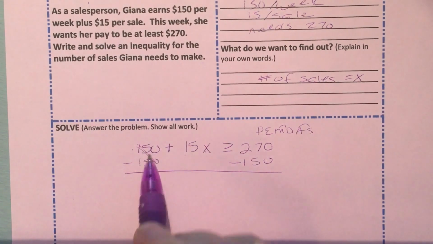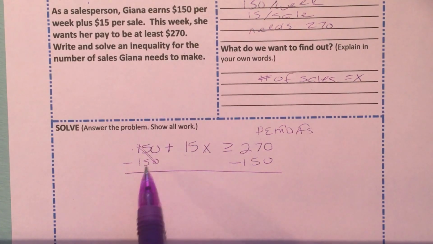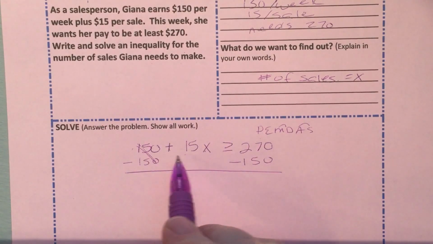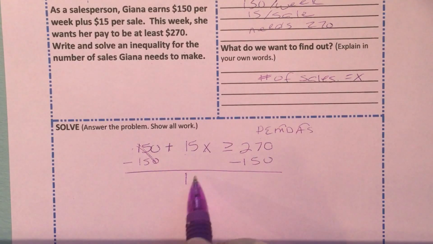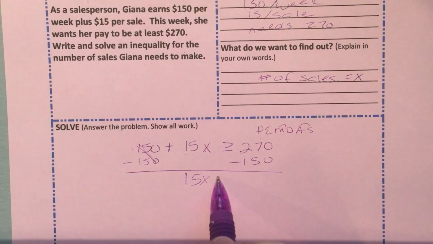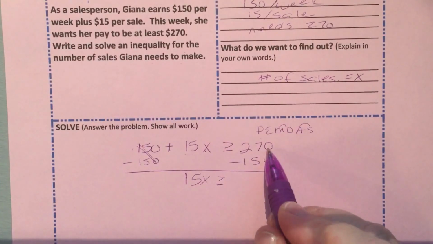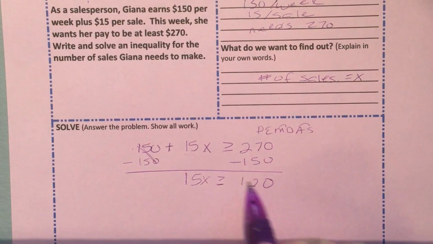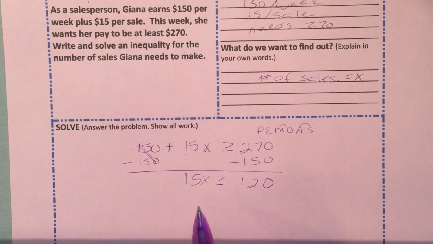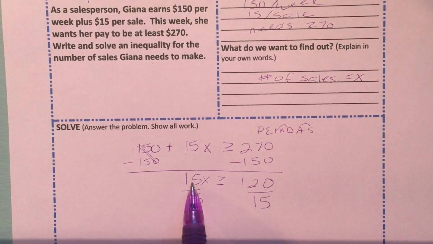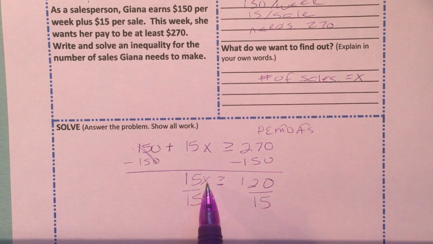Subtracting 150 from both sides, 150 minus 150 is 0. Now we're left with a positive 15x, so we just write 15x. Bring down our inequality sign, and 270 minus 150 gives me 120. Now I have 15x is greater than or equal to 120. I must divide both sides by 15. Why divide? Because 15 and x are connected with multiplication, and the opposite of multiplication is division.